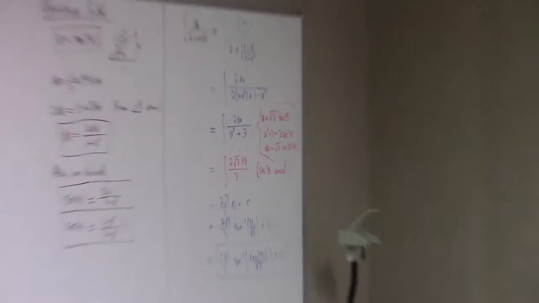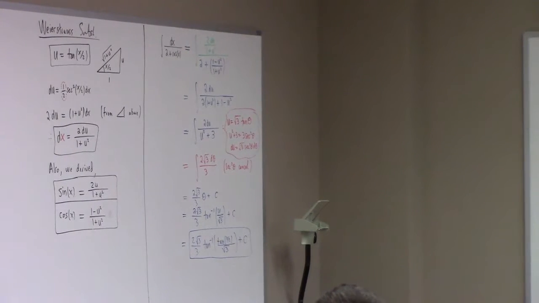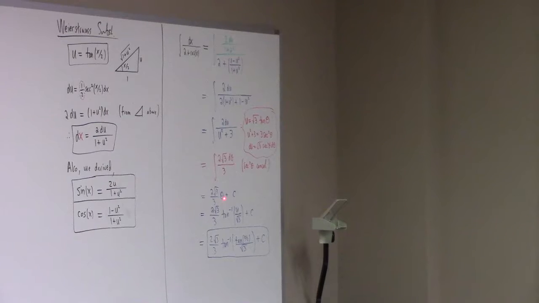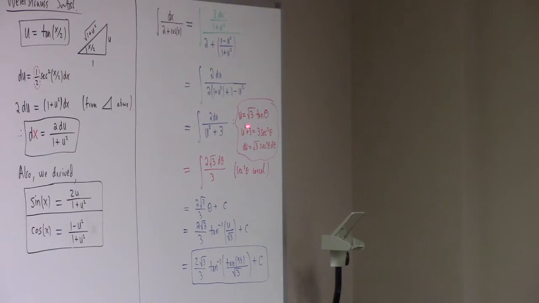The secant squareds cancel, and you're just left with 2 root 3 over 3 d theta, which integrates to this, right? Then, of course, I have to undo the theta. Solve this for theta. We get what? Theta equals inverse tangent of u over root 3, right? And then finally, I have to go back and put back in the Weierstrass substitution, and there is the answer.